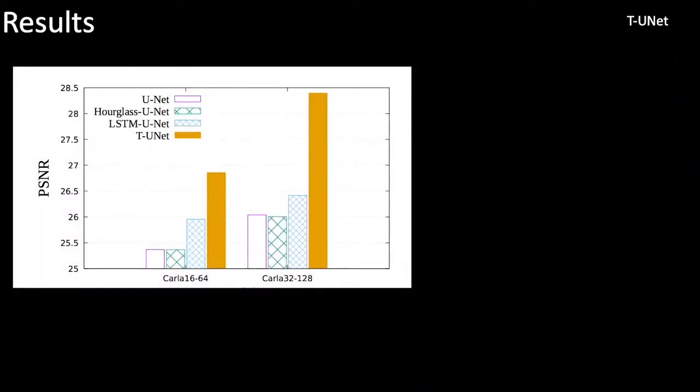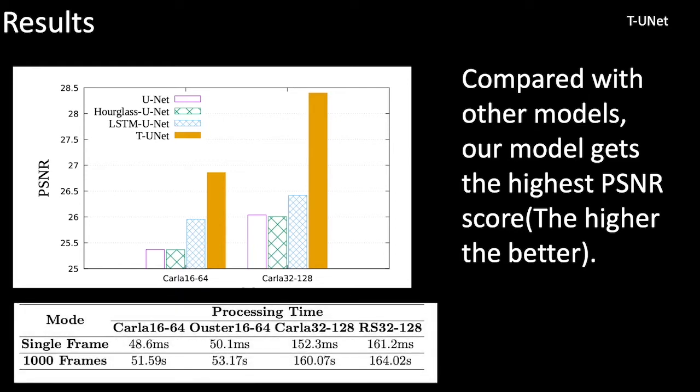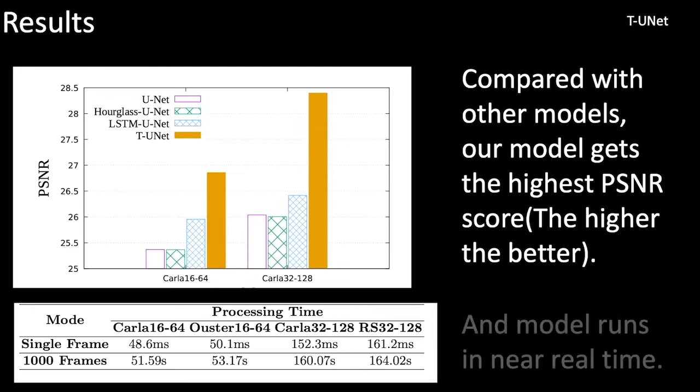In addition to visual analysis, we also made quantitative comparisons with PSNR as the evaluation indicator. From the table above, we can see that our T-UNet model achieved a higher PSNR value compared to the other three models. As for real-time performance, LSTM UNet can't achieve real-time effects at all, while our model can achieve near real-time on the current 4 datasets.